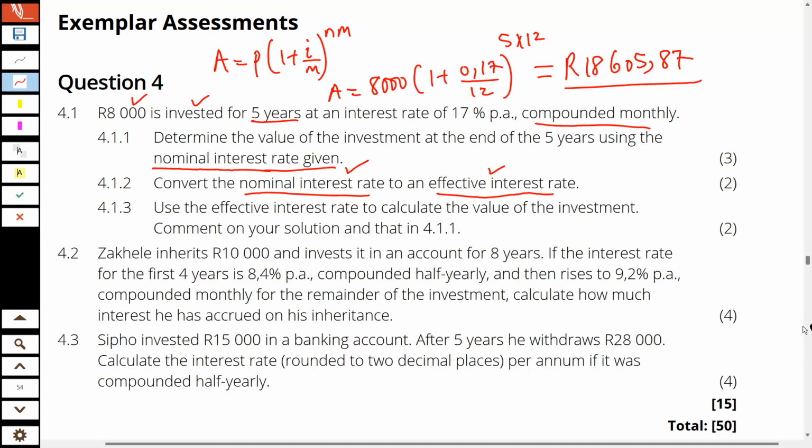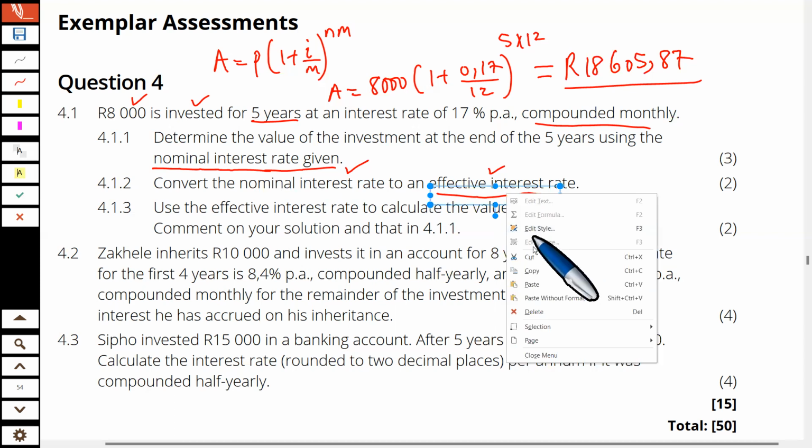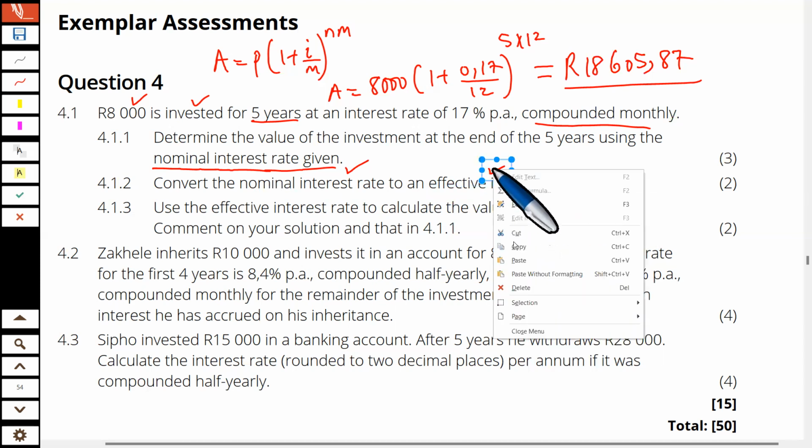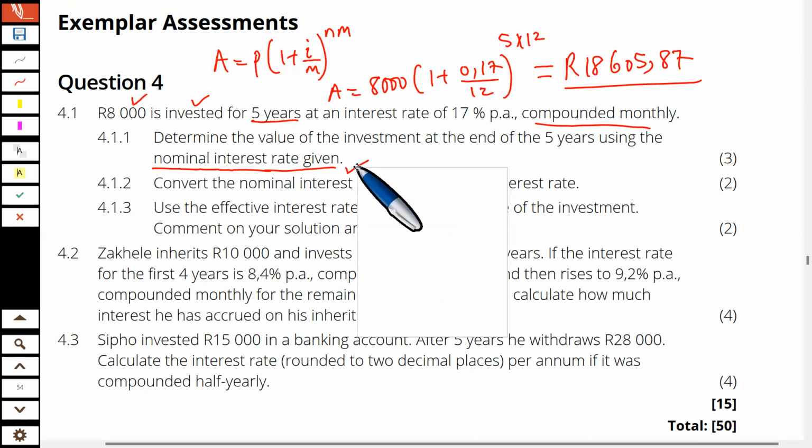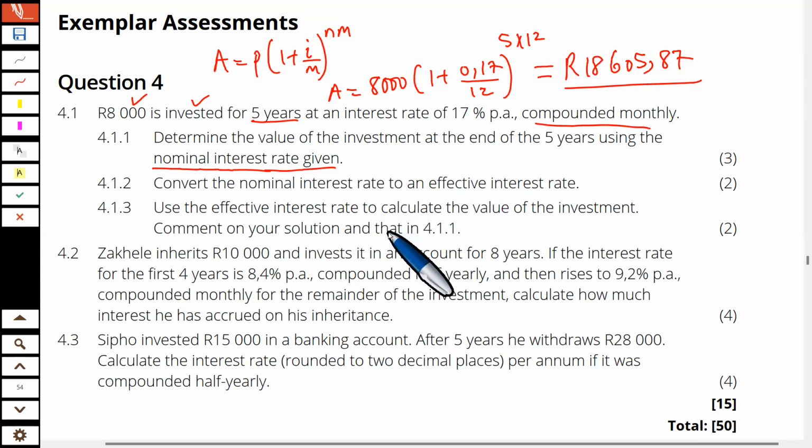We use this formula because we must be able to convert the nominal interest rate to the effective interest rate. How do we do that one? Right, so we need to master mathematics of finance, or financial mathematics. All right, so we're good.